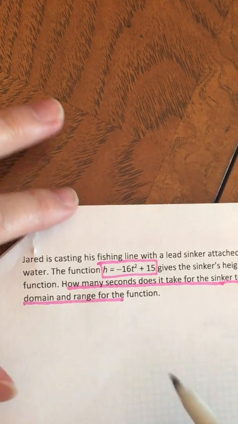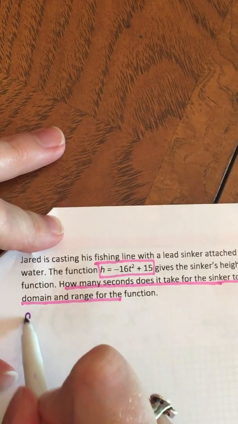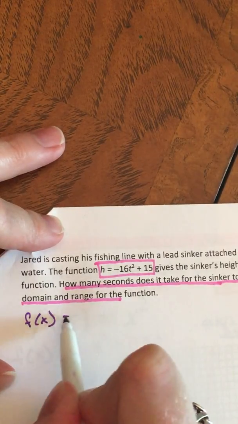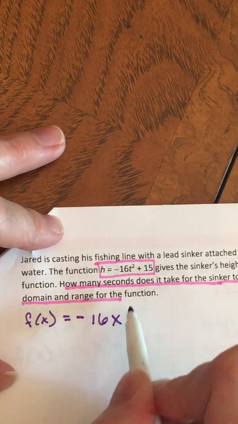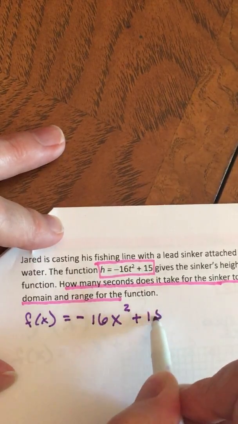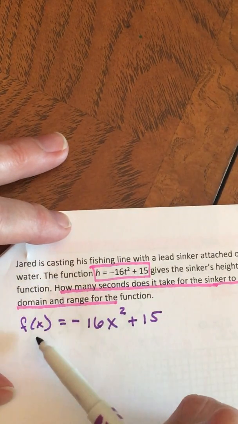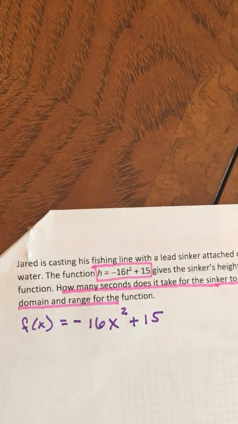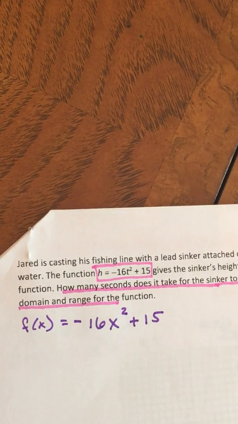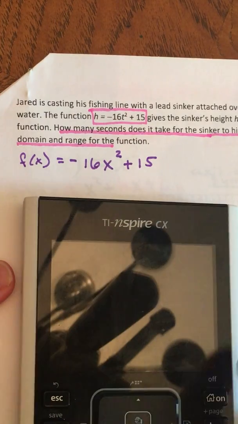So we have our function. And to type this in a calculator, this would be f of x equals negative 16x squared plus 15. So I've taken out the h and the t, and I've put f of x and x into our function. So now that I have this, let's go turn on your calculator, and we're going to graph it to look at it.